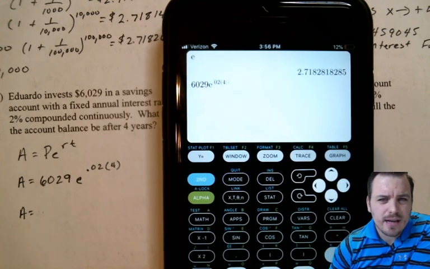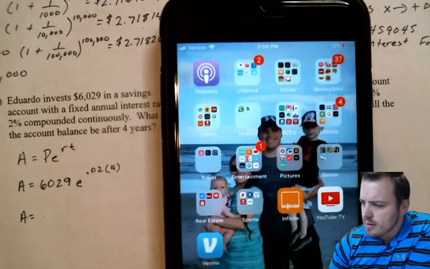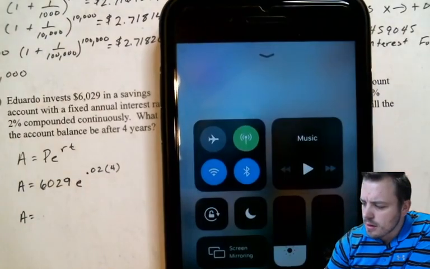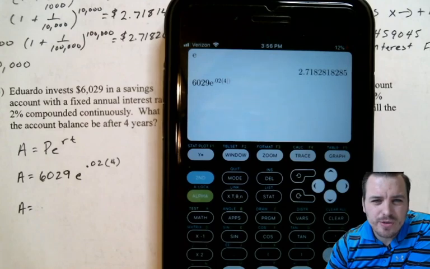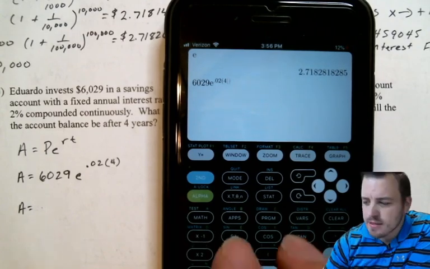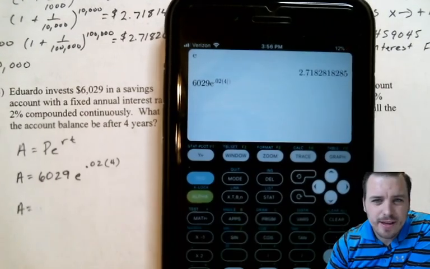Okay, 6,029 E raised to the 0.02 times 4. Can't zoom in, sorry.